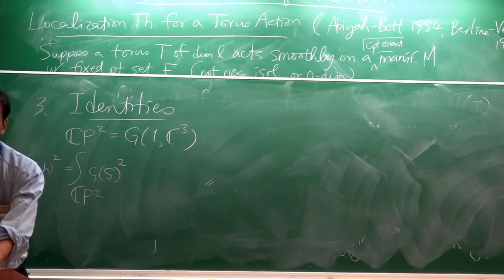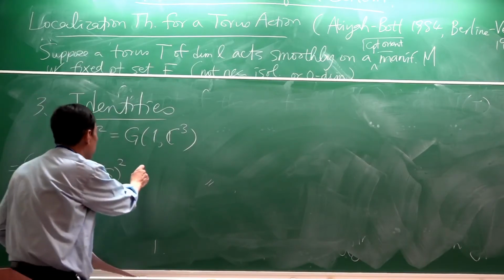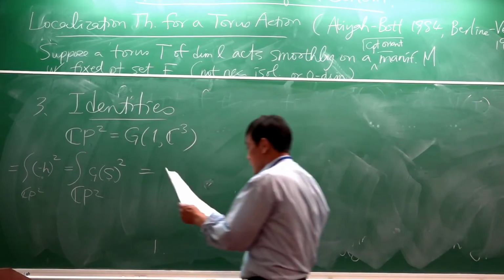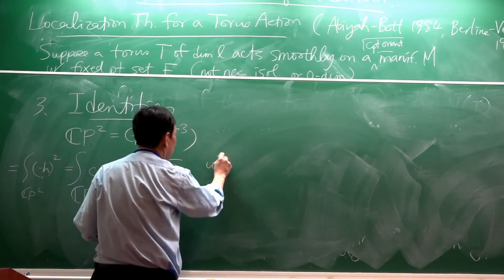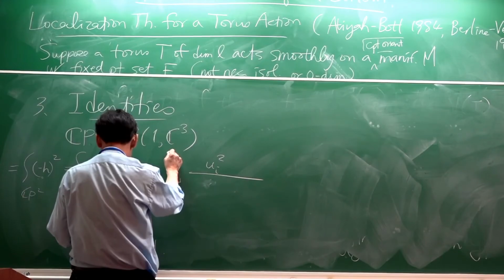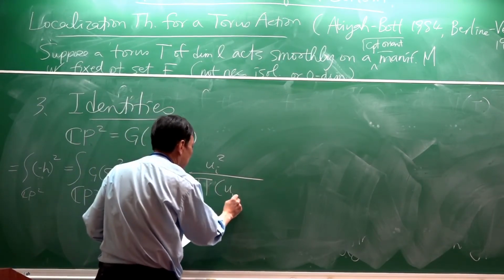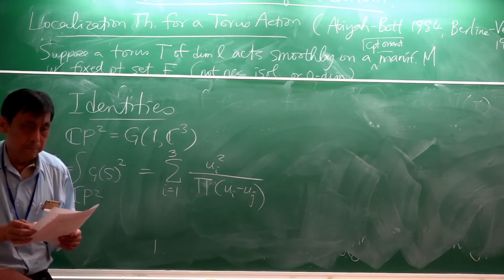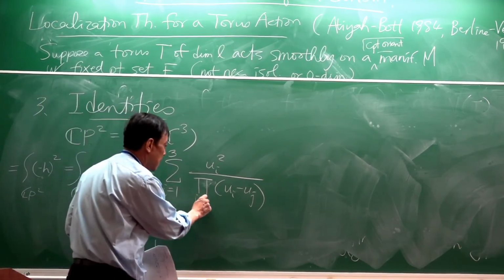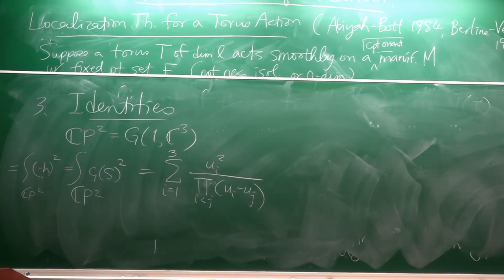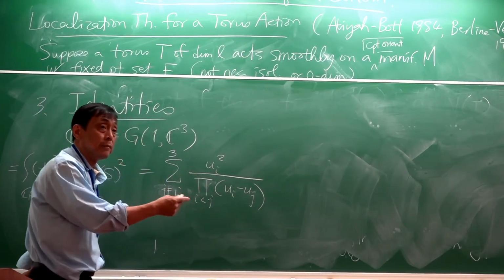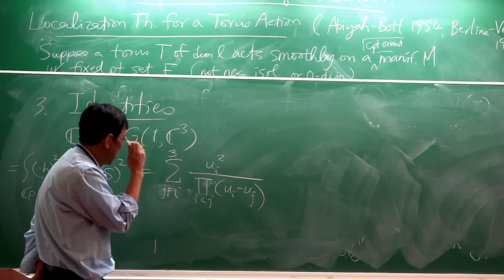You can work it out geometrically, but if you use the localization formula, you get the sum of u_i squared, where i goes from 1 to 3, over the product of (u_i minus u_j), where j is the complement of i, so all i and j not equal.